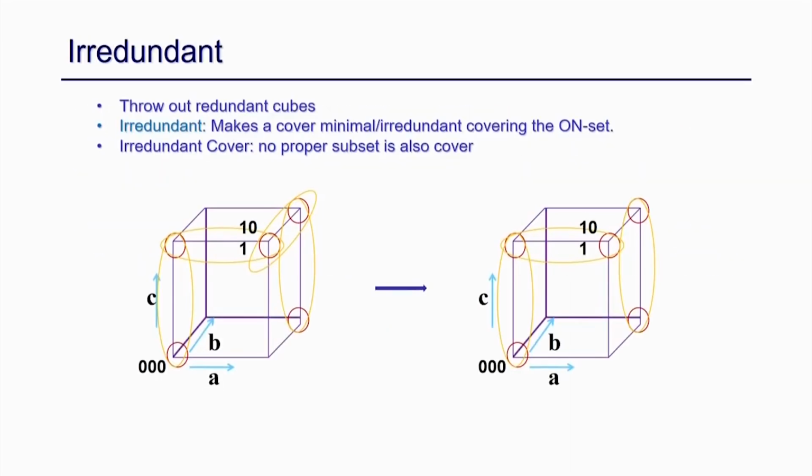We have another operation called redundant. As I mentioned earlier, there are some prime implicants which are essential, that means they are covering some cube or minterm which is not covered by somebody else. There may be some implicant or prime implicant which is covering nodes that are already covered by somebody else.